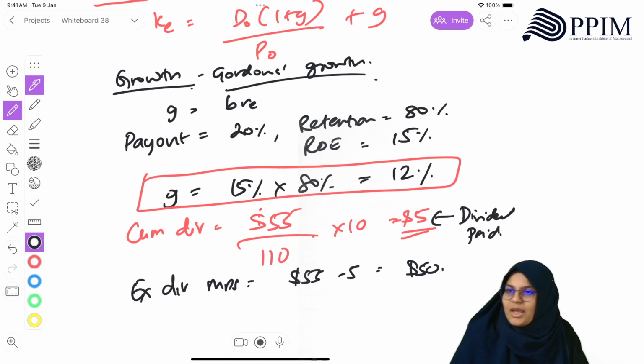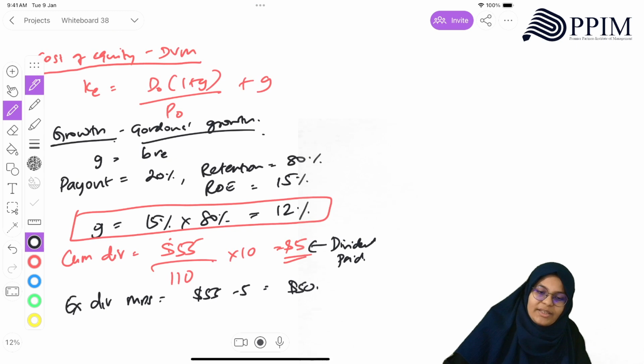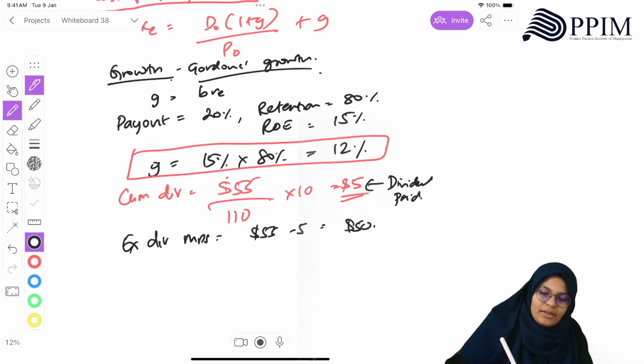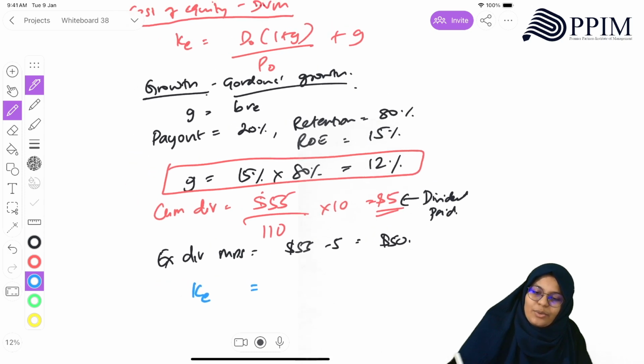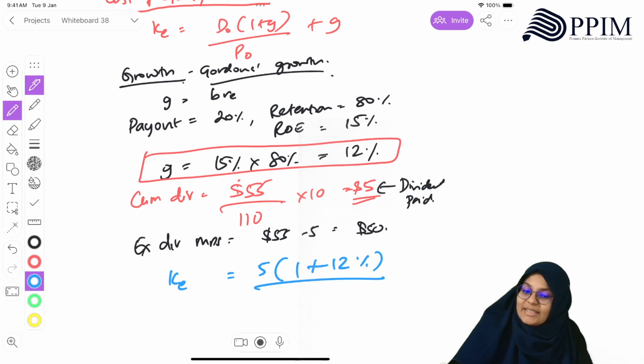Get it? Okay, so now it's just a matter of putting this into this main equation over here. So I'll take it again. KE equals dividend. I know we paid a dividend of $5, times 1 plus growth rate of 12%, over the ex-div market price of 50 plus 12%.